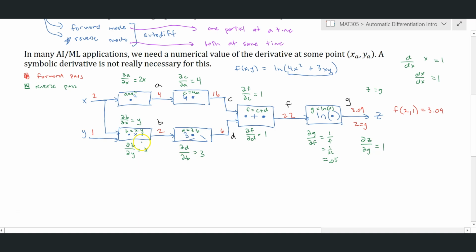All of these other ones just turned out to be constants because of the types of functions we were dealing with. But here, we actually want to calculate, well, what is 2 times x? Well, if x is 2, then 2 times 2 is 4. And we already know that y is equal to 1 and x is equal to 2.